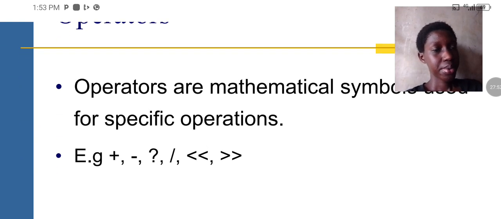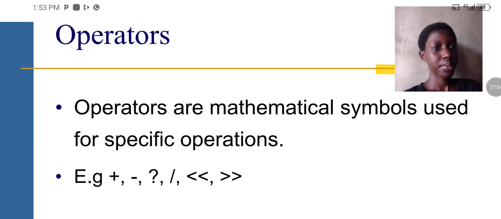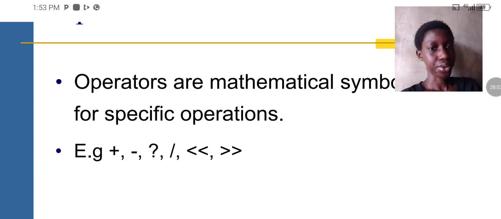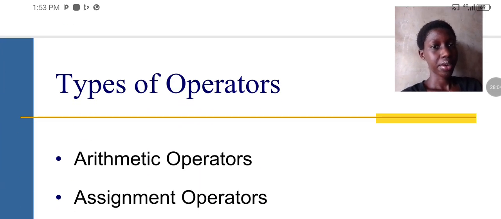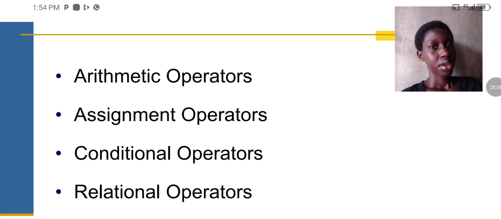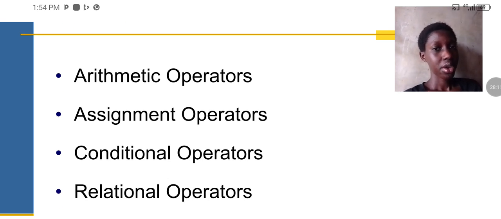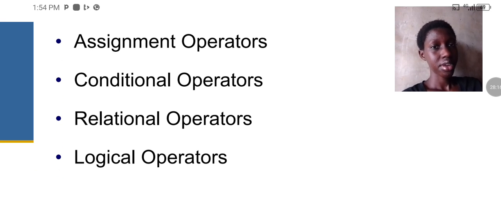Now, the operators we spoke about earlier are the mathematical symbols used for specific operations. That's the addition, the multiplication, the less than, and so on and so forth. We have types of operators: the arithmetic operators, the assignment operators, the conditional operators, the relational operators, and the logical operators.